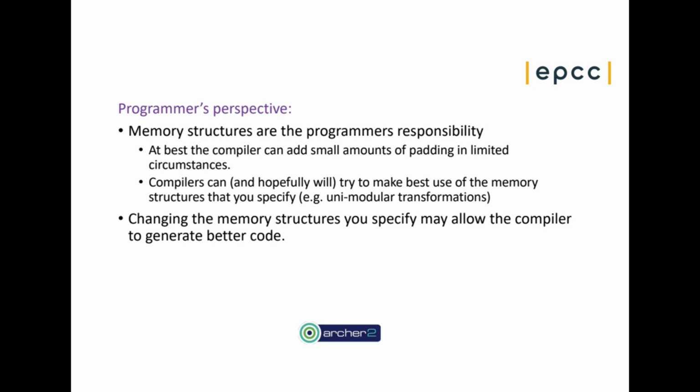So they will hopefully do the best with what you give them, but there's very little that they can do themselves. The idea is that changing the memory structures hopefully allows the compiler to generate better code, as well as potentially improving the locality and making better use of your cache hierarchy.